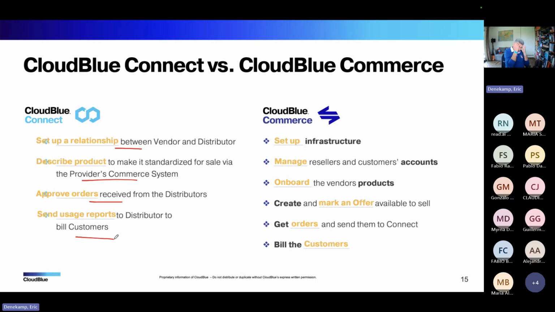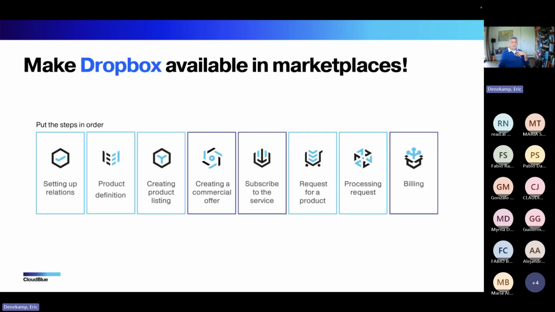So those are the things that we have in commerce. Those are the things that we have in Connect. And of course, this is not something that always starts in Connect and then ends in commerce. You see that here there are 2 commerce scenarios in the middle. Then we go back to Connect, and then we end up in commerce again. It's always a cooperation of these 2 platforms.